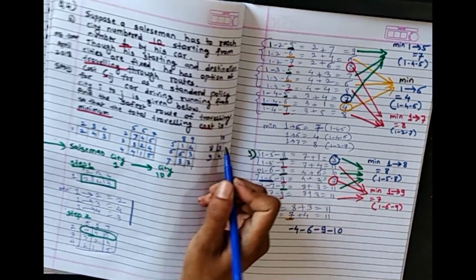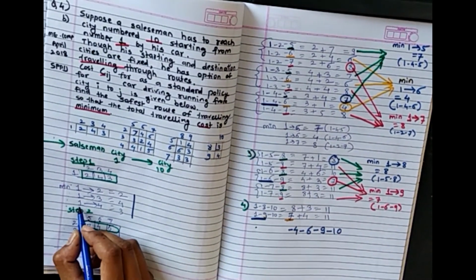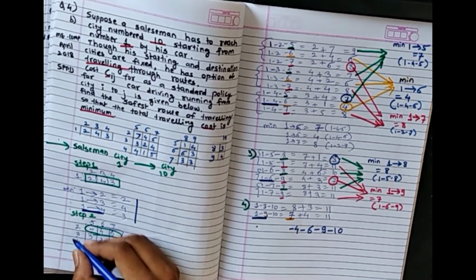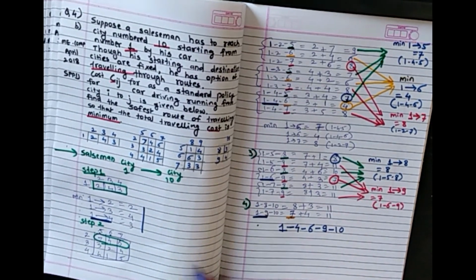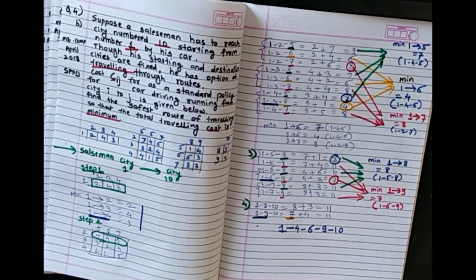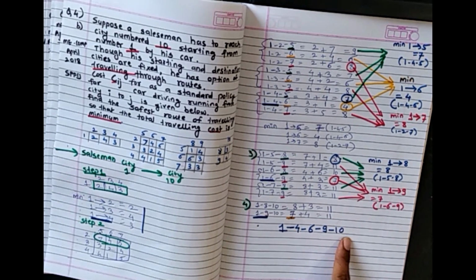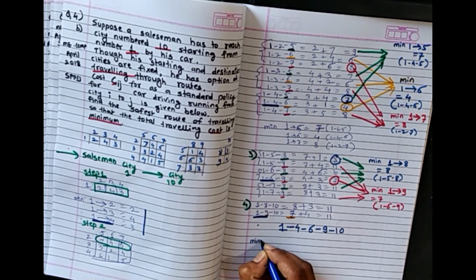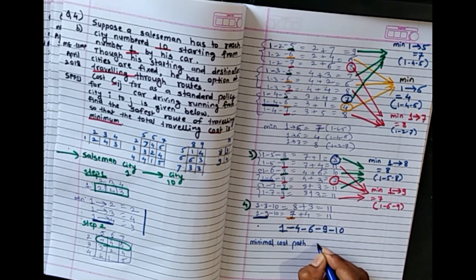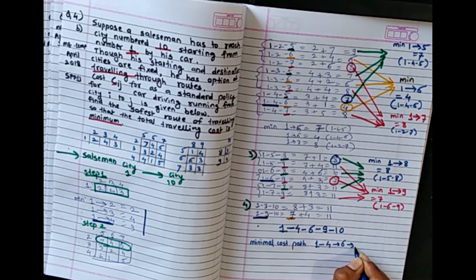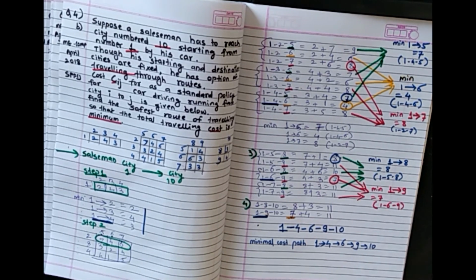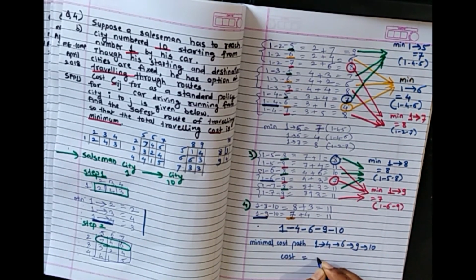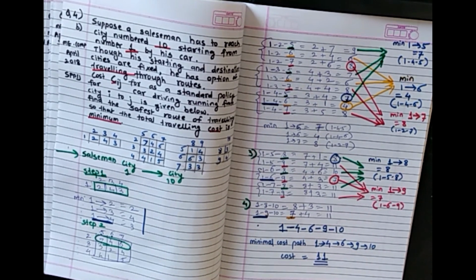Coming from 1 to 4, this was the only path we had in the previous iteration. So the final solution, the minimal cost path, is 1 to 4, 4 to 6, 6 to 9 and 9 to 10, with a cost of 11. So this is our final solution.